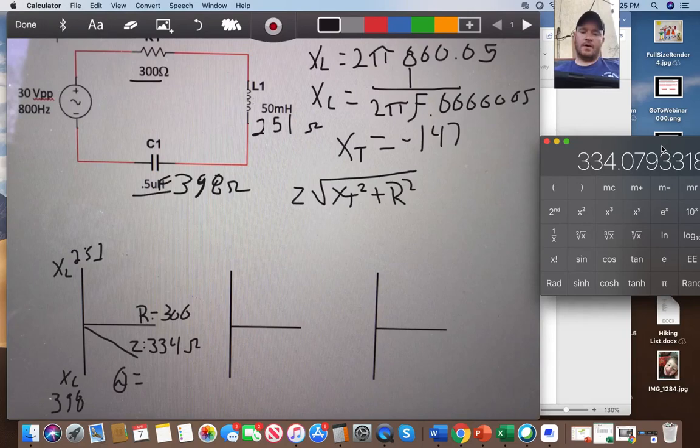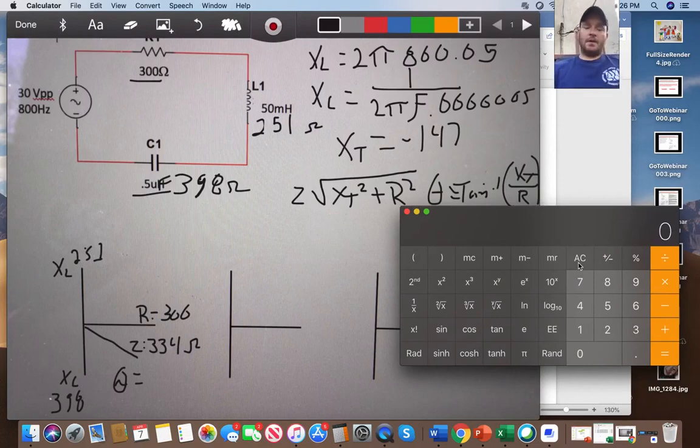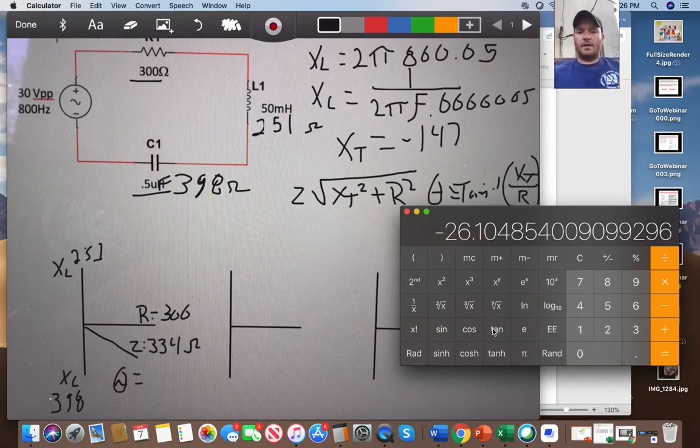Our phase angle is going to be the inverse tangent of X total over R. So we bring our calculators out here, clear this out, and take negative 147 divided by 300 equals, and then we take the inverse tangent, and we are getting a negative 26 degrees. Very cool.